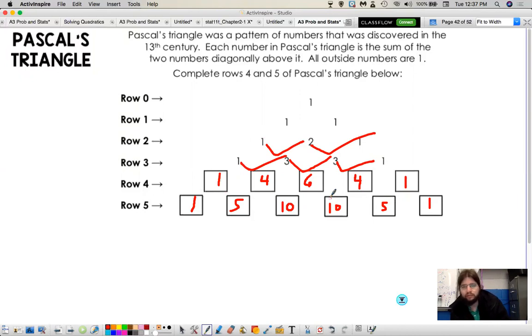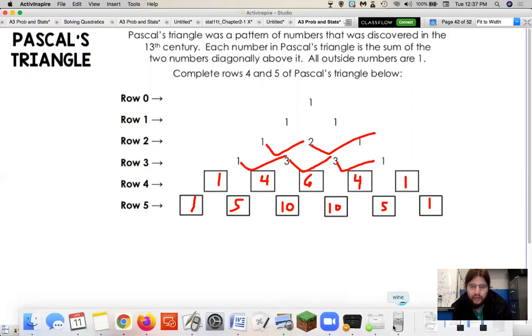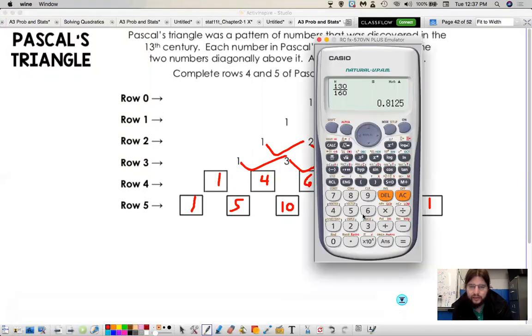So by themselves, these numbers don't seem too interesting, but they actually represent some very, very useful things. If we look at, let's say, 3C2, that's a 3, okay?